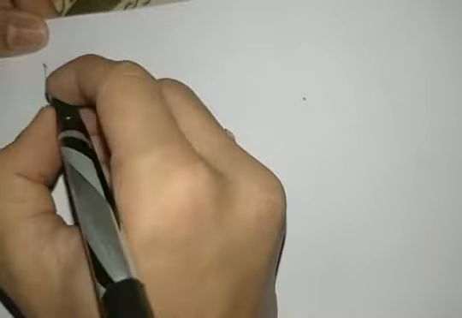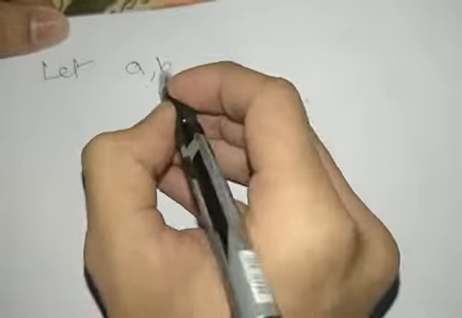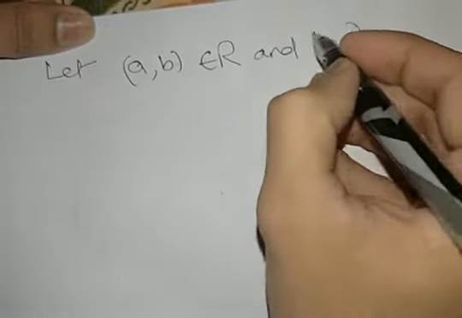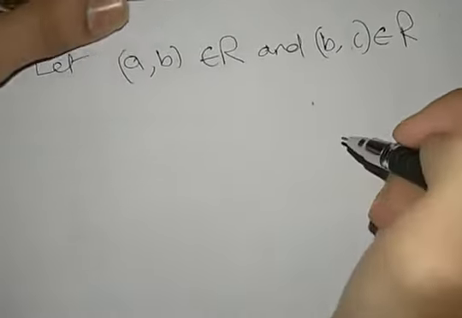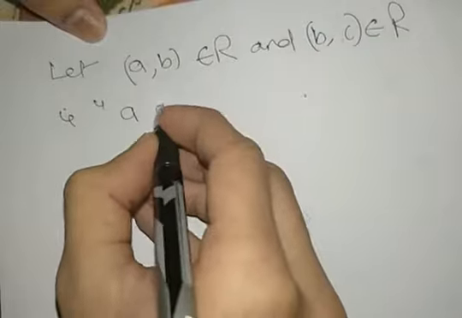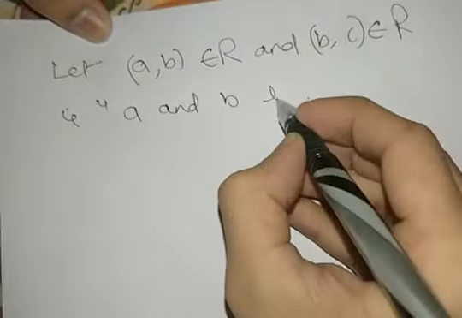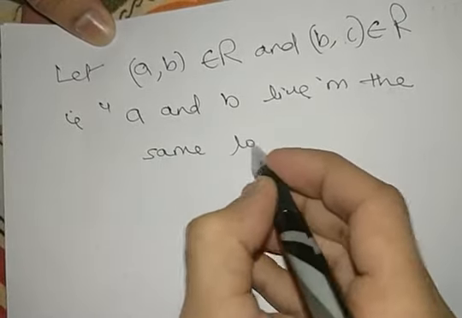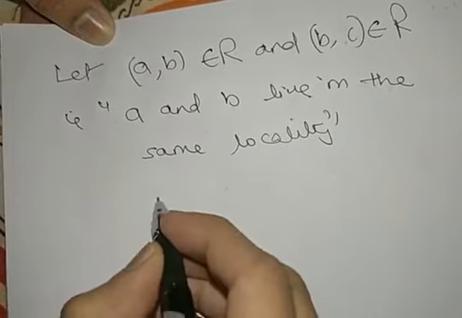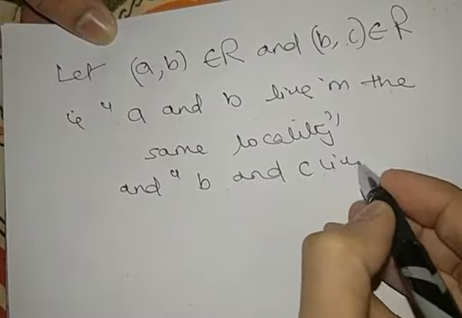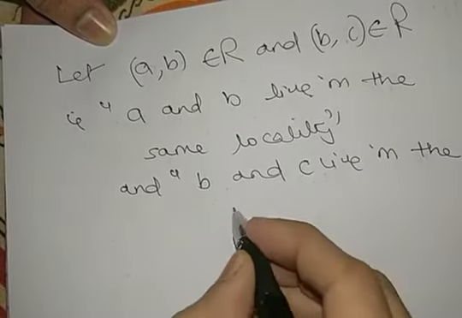Let (a, b) belong to R and (b, c) belong to R. That means a and b live in the same locality, and b and c live in the same locality.